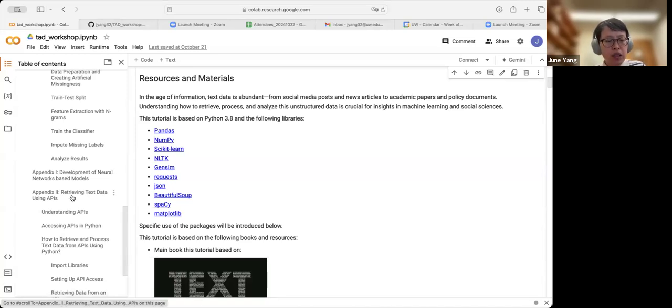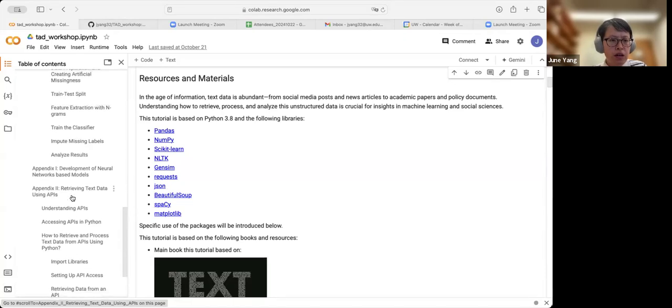But if we don't, feel free to refer to these two sections for a little more information on how we use APIs to scrape text data, and also on more recent developments in text data analysis, mostly the BERT model and large language models. And in the winter quarter, I plan to offer another workshop focused specifically on using generative LLMs for social science analysis.